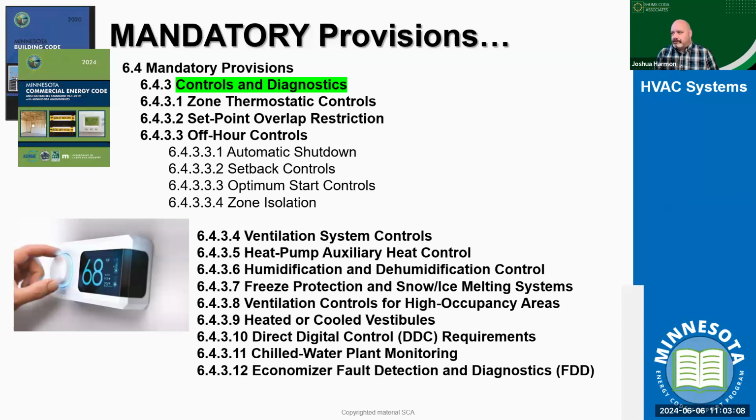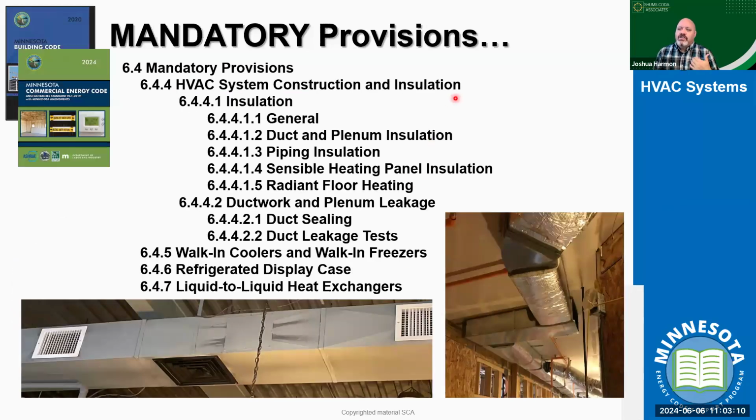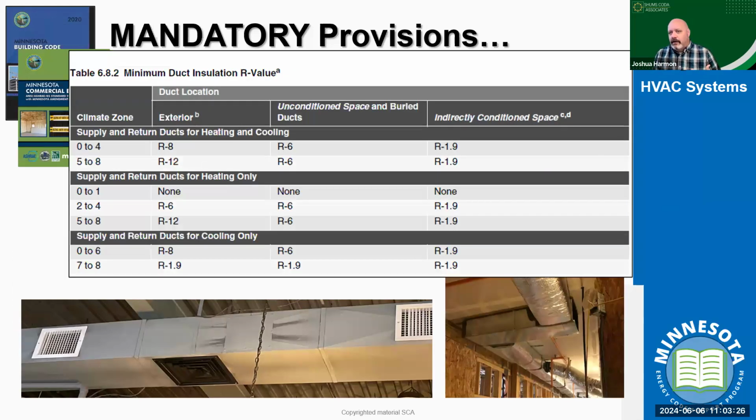When we think about the construction and installation of our systems, the code again provides us mandatory expectations for how these systems should be insulated, how they should be sealed, how they should be installed, right? And when we look at that table, again, we're looking at how does that table reflect the area.